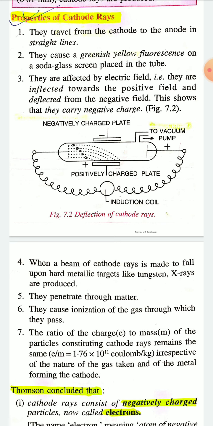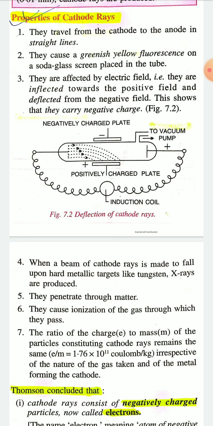Fifth property, they penetrate through matter. Sixth, they cause ionization of gas through which they pass. And the last property, the ratio of charge to mass of the particles constituting cathode rays remains the same.